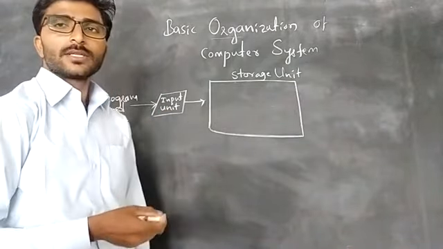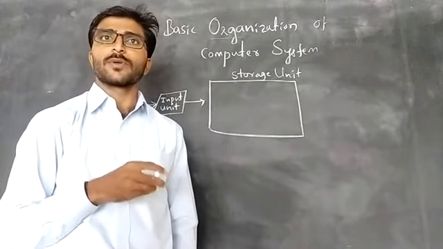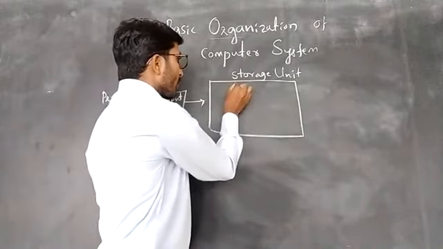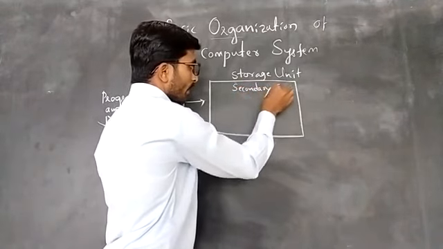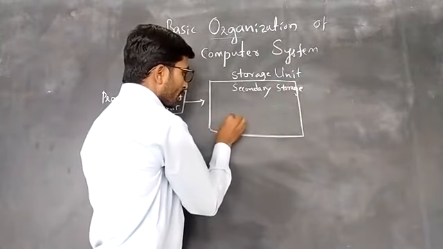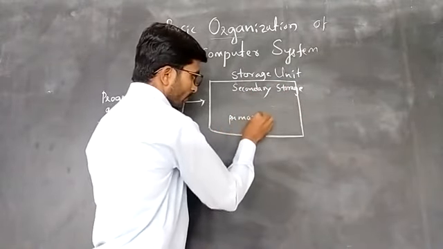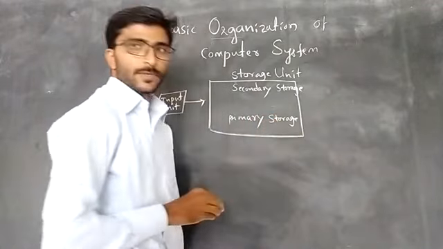How does it store? There are mainly two types of storage device or memory. You can say secondary storage and primary storage.